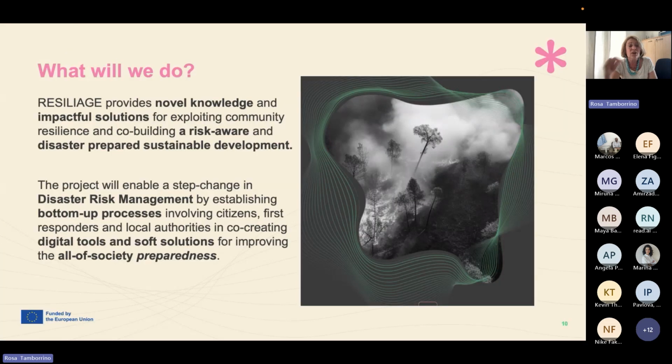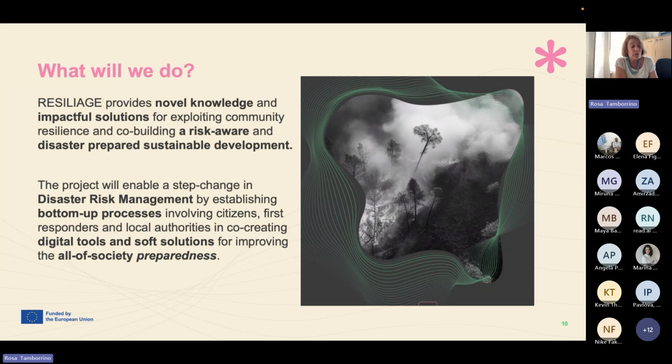So we consider that the project answers the issues of the moment. We have a world that is affected by many natural disasters, also created by the climate crisis.